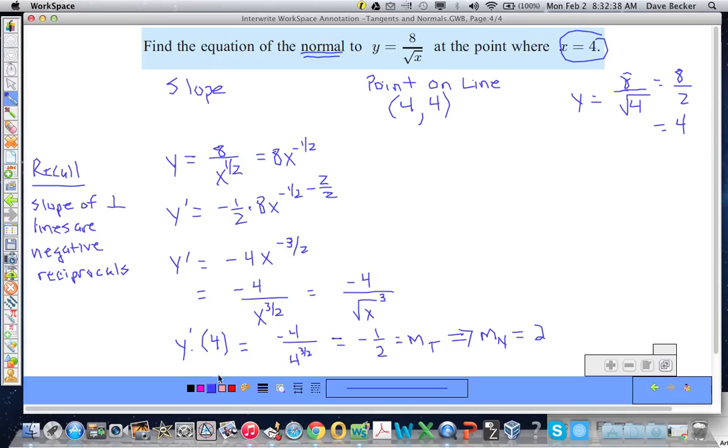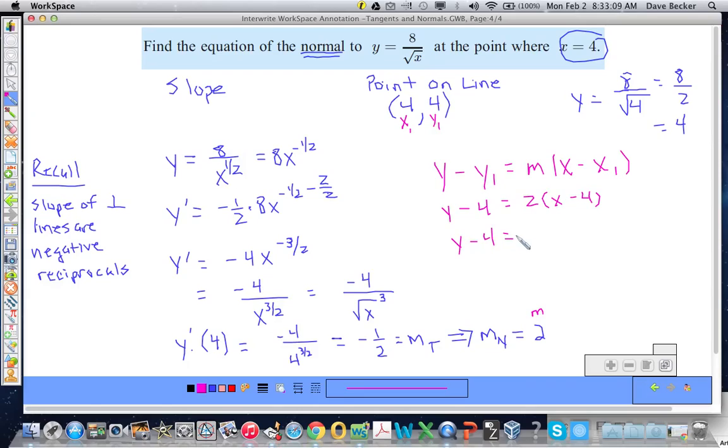Okay? So now I have my slope, I have my x1, I have my y1, so I can easily use point slope form. y minus y1 equals m times x minus x1, and now it's just a matter of substitution. y minus 4 is equal to 2 times x minus 4, and get it in y equals mx plus b form so we can graph it.